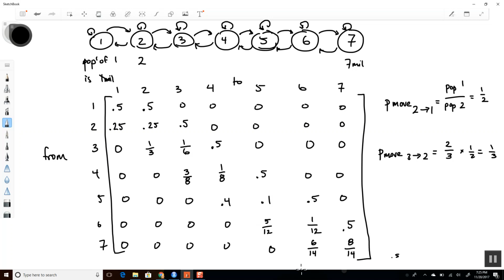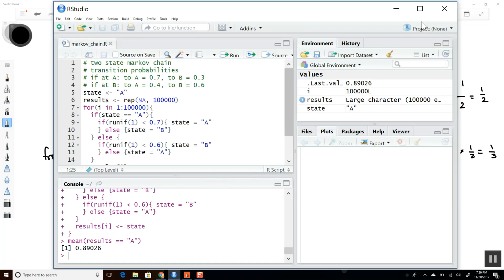Okay. All right, so this is my transition matrix.